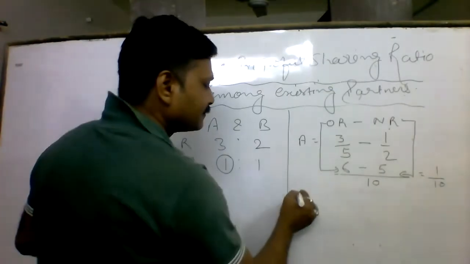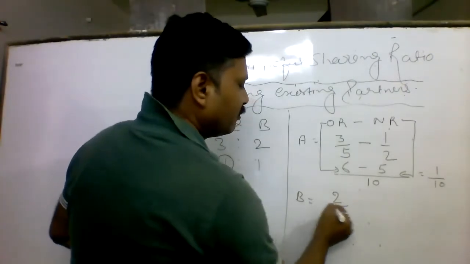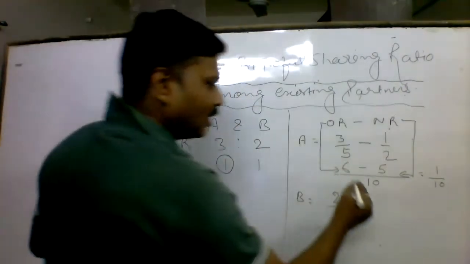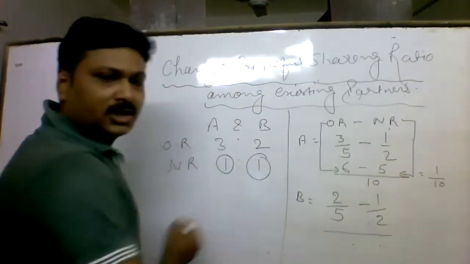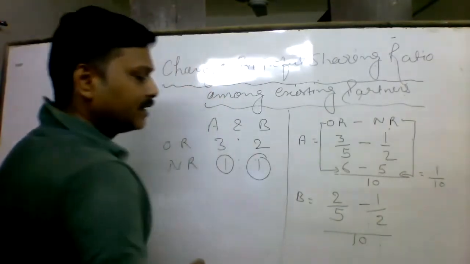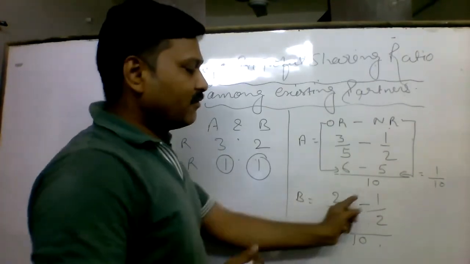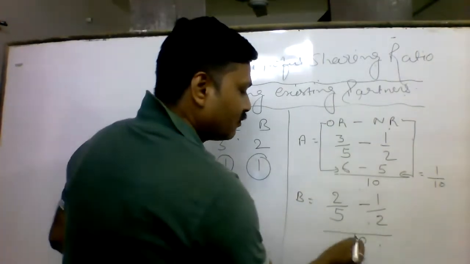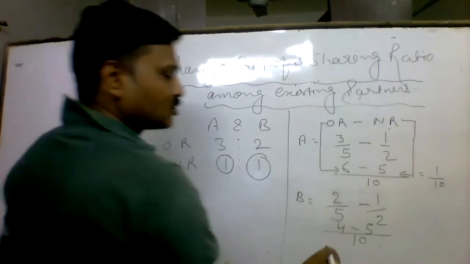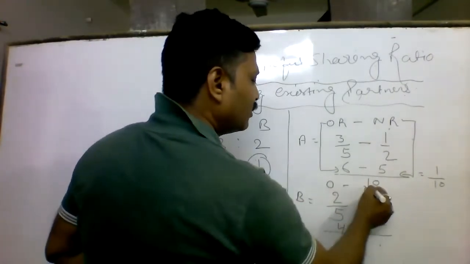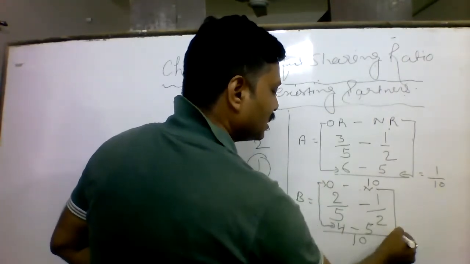Now let's see for B. B was getting 2/5 earlier, and now B will get 1/2. So here B's old ratio is 2/5 and the new ratio is 1/2. 5 2s are 10, and 2 2s are 4; 2 5s are 10, and 5 1s are 5. So B's old ratio was 4 and B's new ratio is 5.